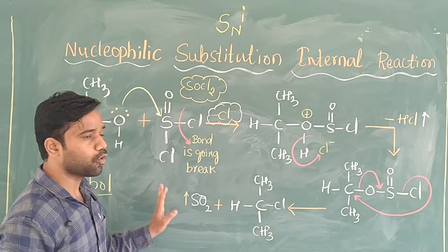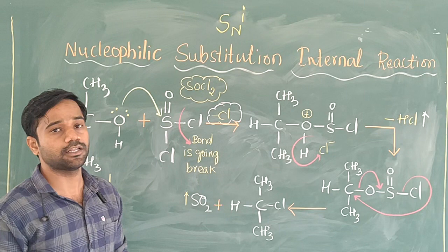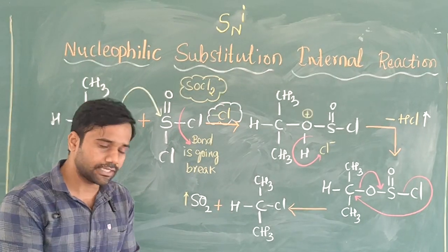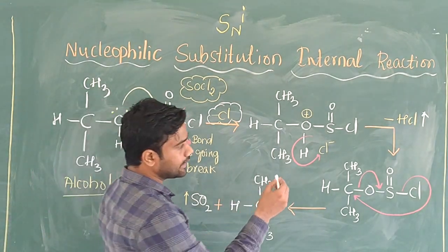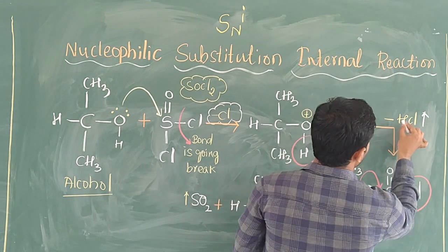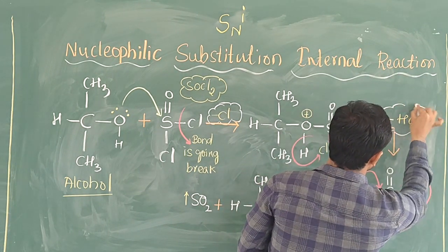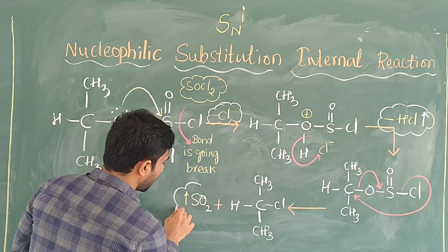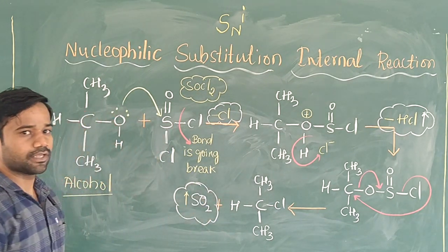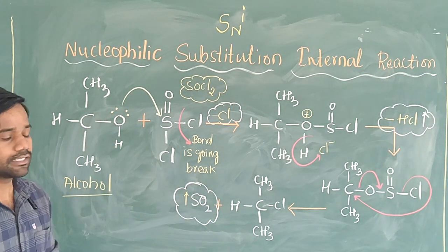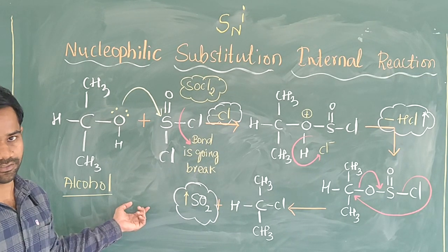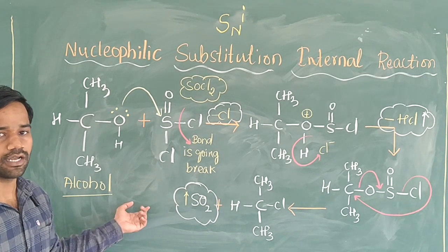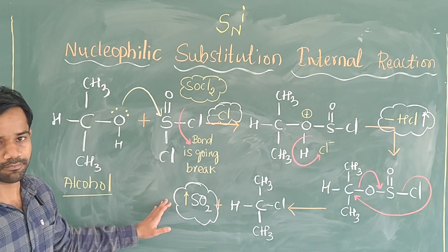This is the whole mechanism of the Darzan process. Why is it important? Because in the case of the Darzan process, both side products are in gaseous form. This reaction follows the second order kinetics mechanism.